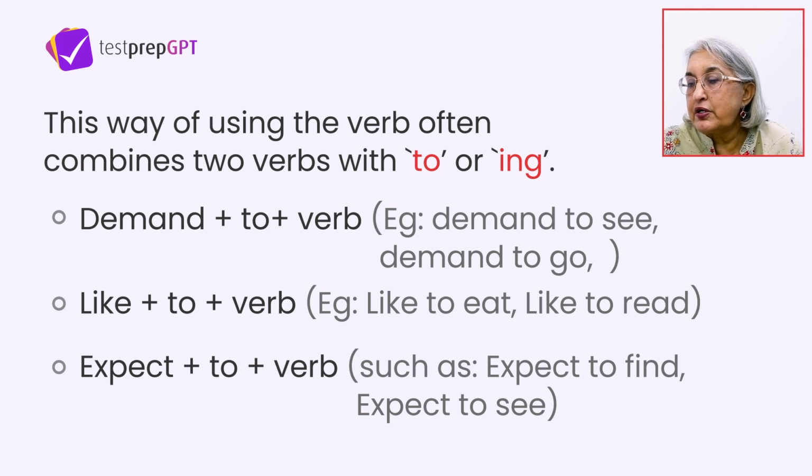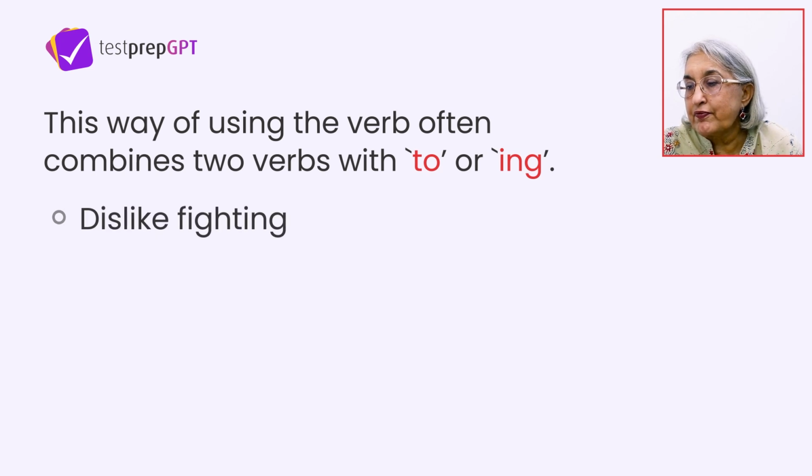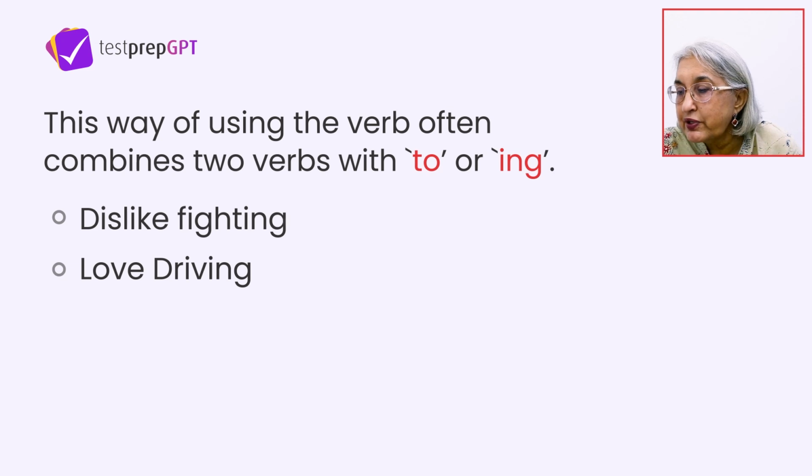In other verbs, we can use ing also. So here look, there are two verbs, dislike and then there is a verb fight. But instead of saying dislike to fight, we say dislike fighting, ing form. Love driving, not love to drive, but love driving. So we can use the ing form over here.